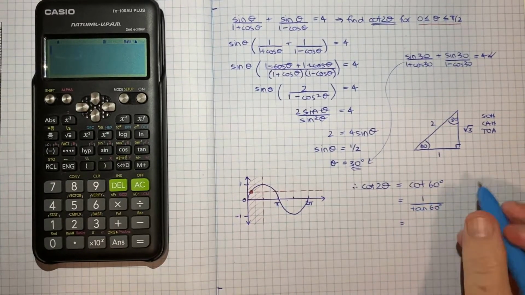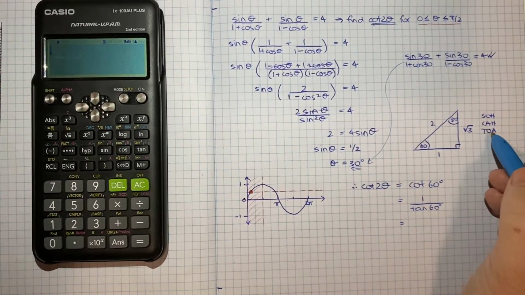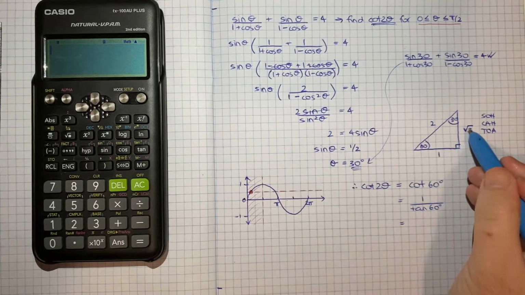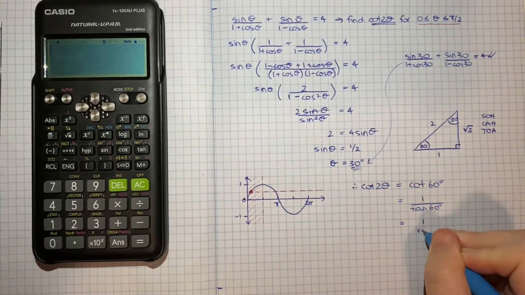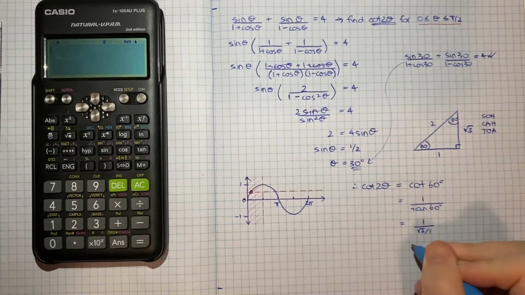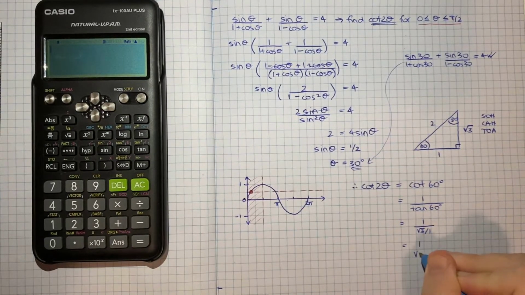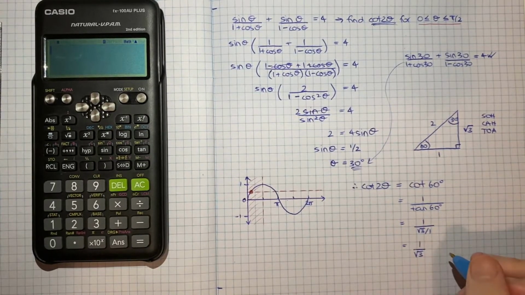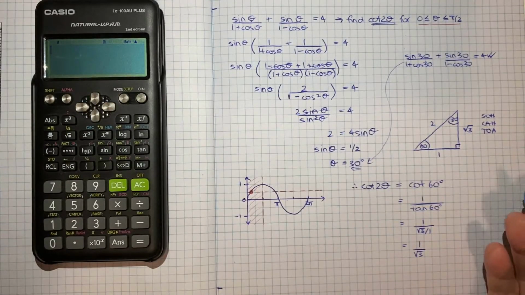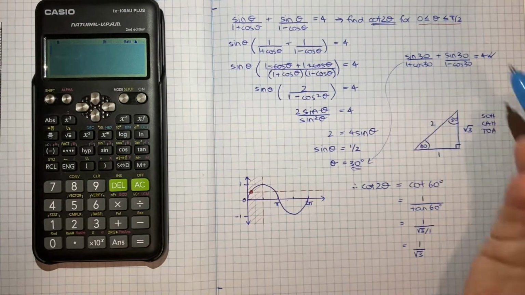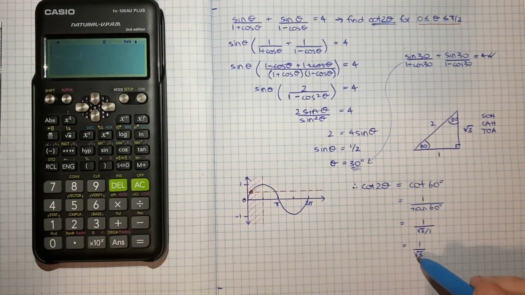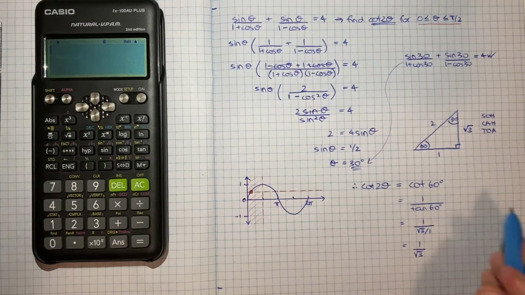And using our SOHCAHTOA here, tan of 60 would be the opposite over the adjacent. So it would be root 3 on 1, which is simply root 3. So cot of 60 is 1 on root 3. And we can stop there because the question asked us for the exact value of cot 2 theta. So here we have it in exact form, and there's no need to plug it into the calculator.